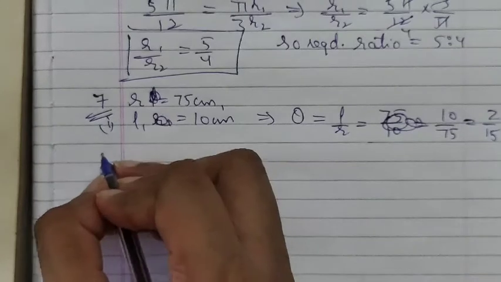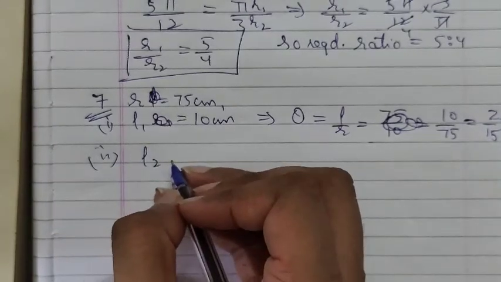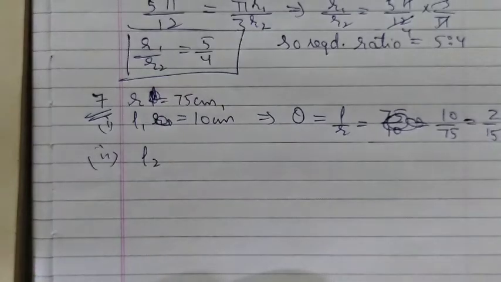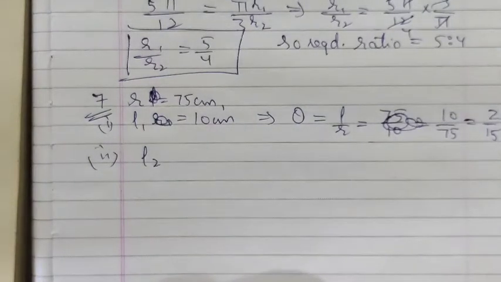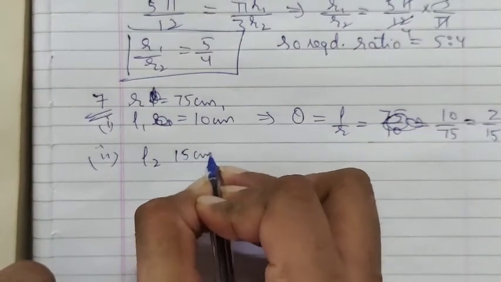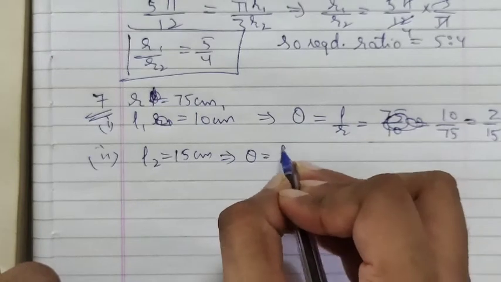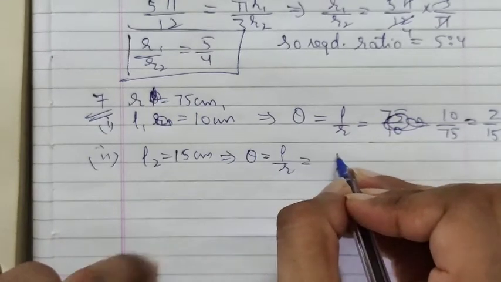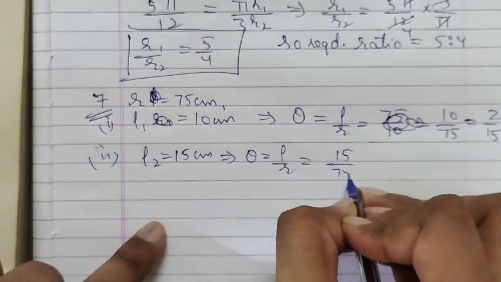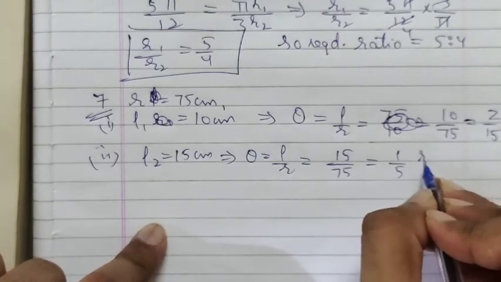Answer. Second part, L2 is given, L2 is 15 centimeter, right? So theta is equal to L upon R. L2 is 15, R is 75, so it is 1 upon 5 radian.